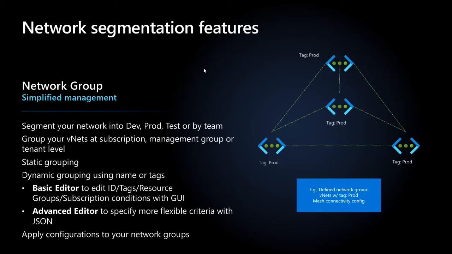So you can easily create a combination of those conditions with the basic editor. But you can also create more flexible, complex criteria using the advanced editor, in which you can define the criteria with JSON syntax. Okay, so this is the network segmentation.